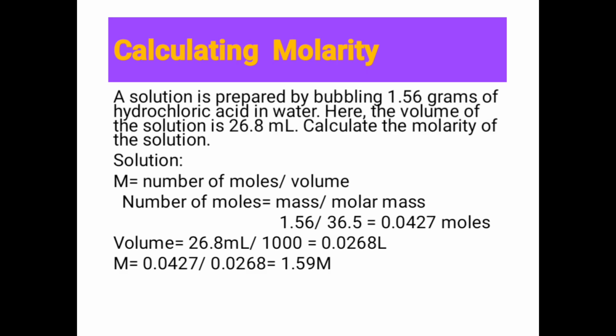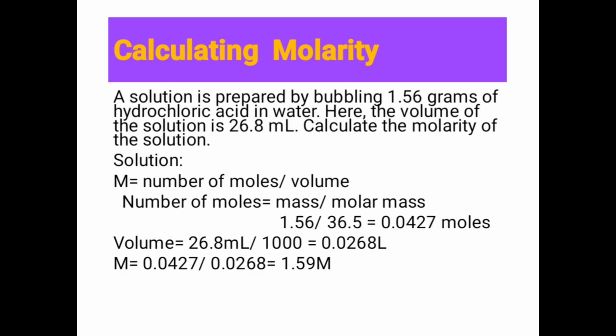The next thing is to convert it to molar concentration, or find the molarity. We have said molarity is equal to the number of moles, or amount of substance in moles, over volume in dm³. That means we need to convert that ml to liters. 1 liter is equivalent to 1 dm³, and 1 dm³ is equivalent to 1000 ml.